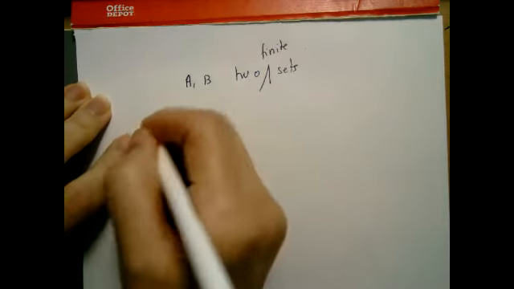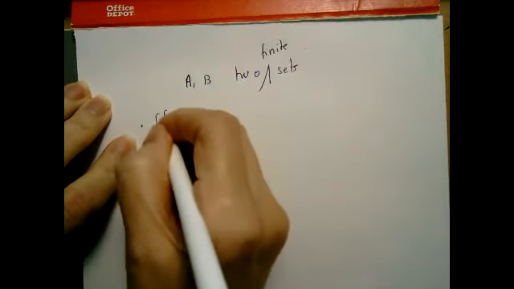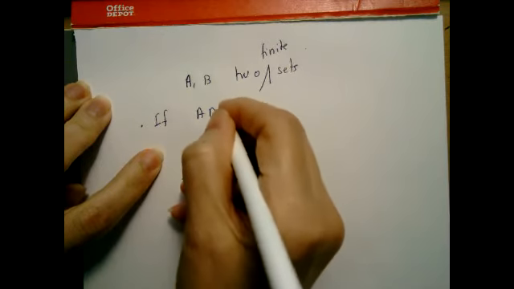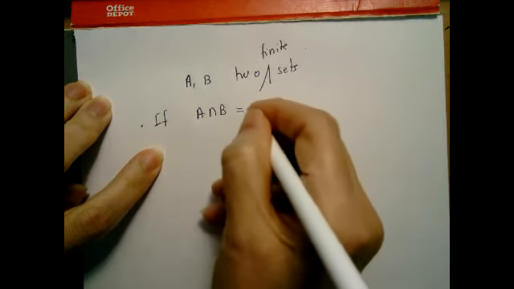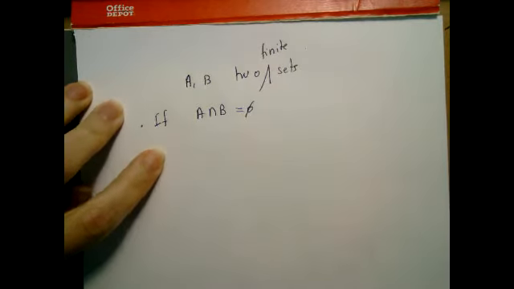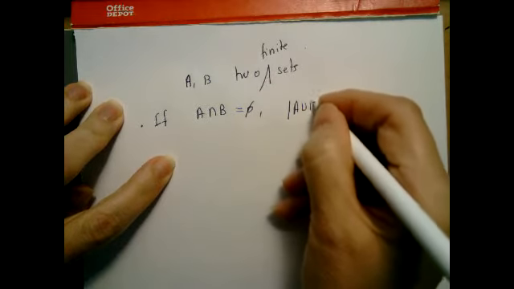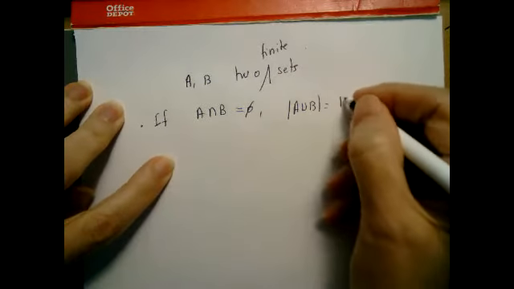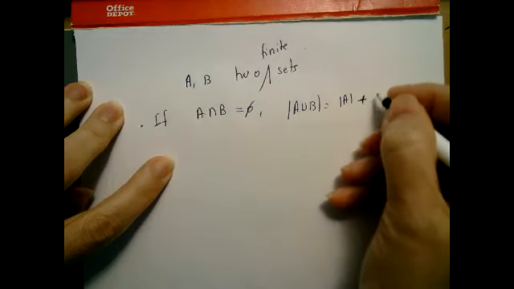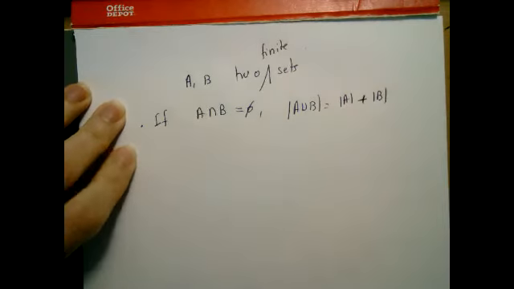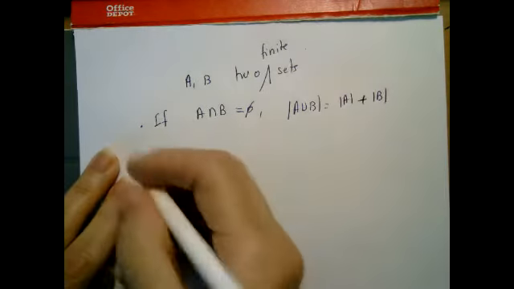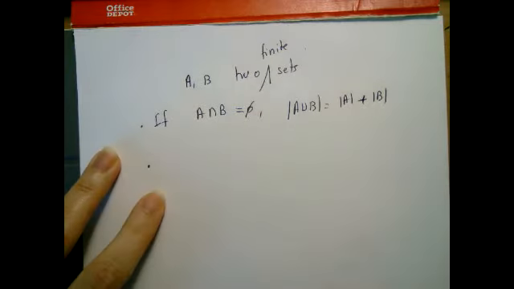Now, if the intersection of the two sets is empty, meaning there is nothing in common between them, then the number of elements in the union is the number of elements in A plus the number of elements in B.